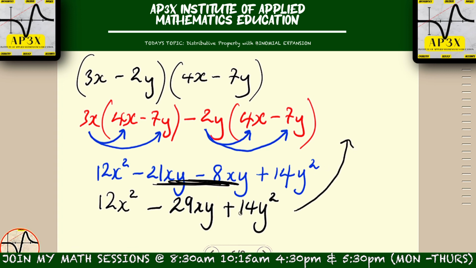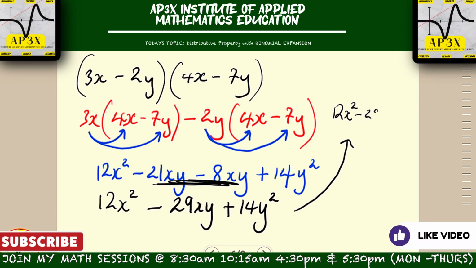So how can this actually be considered to be a quadratic? If we perhaps replace the y with the number 1, let us just substitute 1 for y here. We'll end up with 12x squared, say here, minus 29x times 1, right, plus 14 times 1 squared.